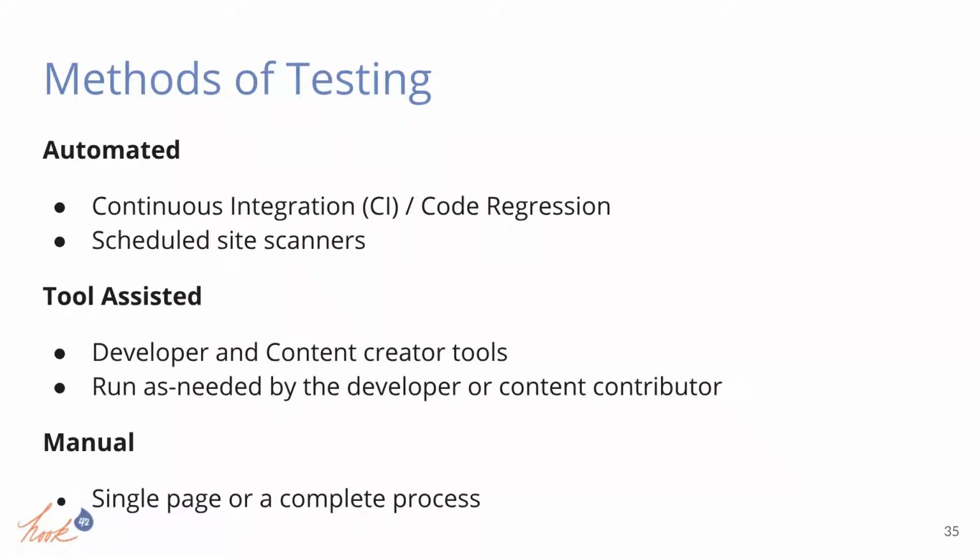Who has heard of continuous integration tools? Many of you. A CI tool is something like, I've checked in a change, so I'm going to run a suite of tests to see if the change I've checked in, like a new content type or a new field, is going to break anything. And then it can run compliance checks against that. So it's just one more test in your CI suite.